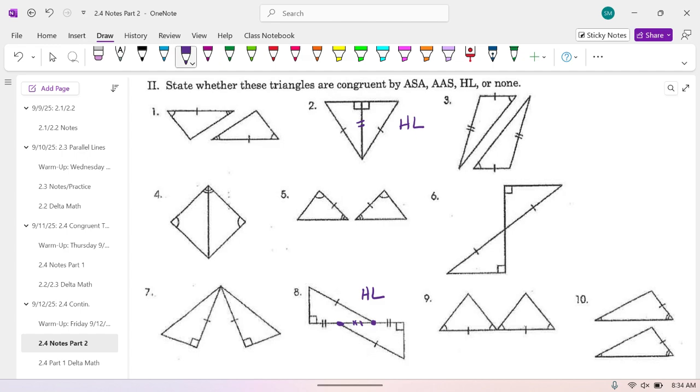All right, so you guys have the rest of the class time for doing homework, almost 50 minutes. There is a new Delta Math. It'll be due, I think I said for Monday by midnight or Tuesday.